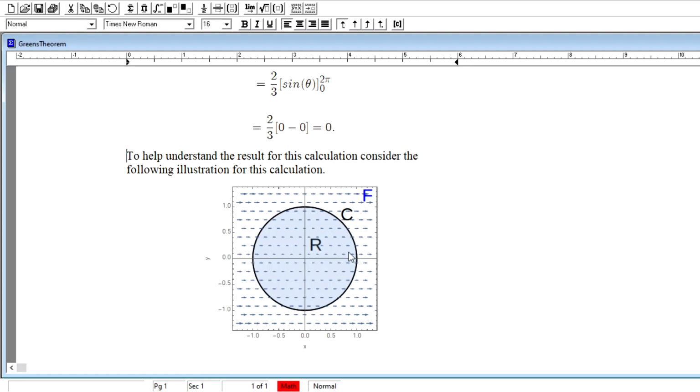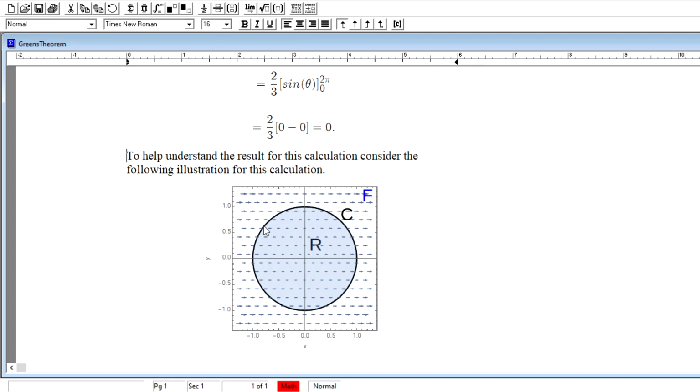If we notice on the boundary here, for the right half of this boundary C, it appears most of the field is moving outward. Actually, the field is pushing in the outward direction. It is, in a sense, diverging away from this half of the unit circle.